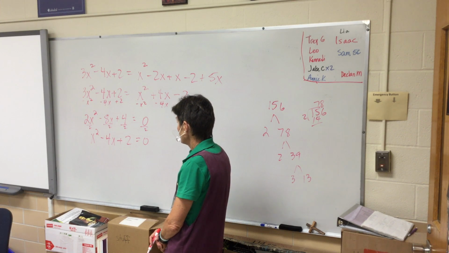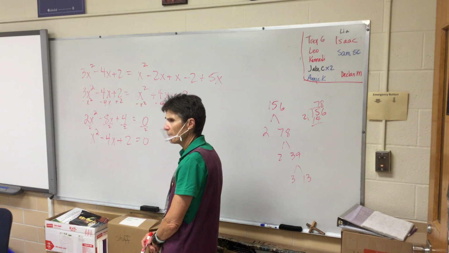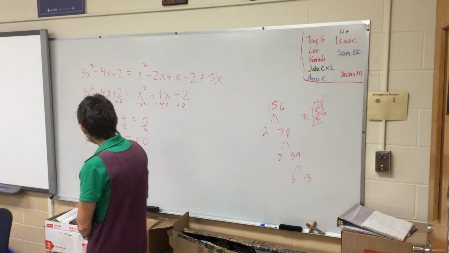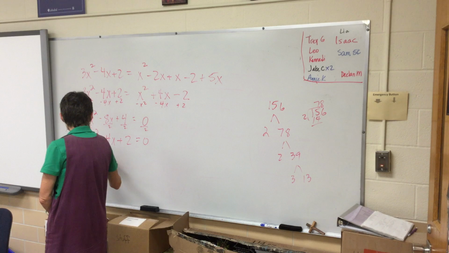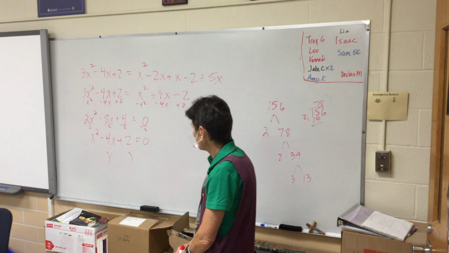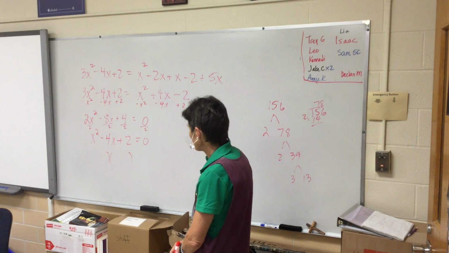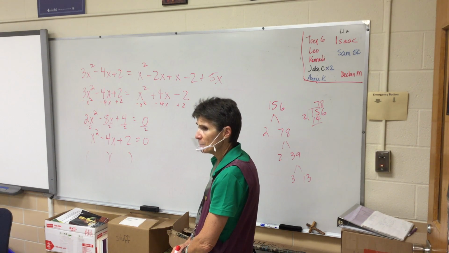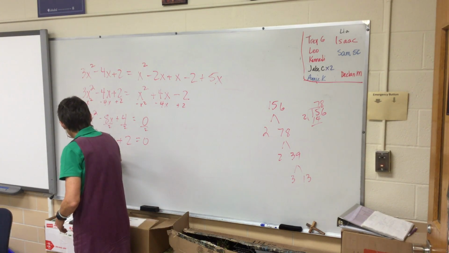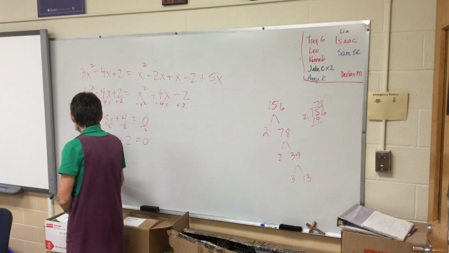Now, what do you want to do at this point? Well, you can try to factor. I'm not sure this one does. Always you can try that, but it doesn't always work. I don't think I can make that one work, can I? So what am I going to do? I can use the quadratic formula.